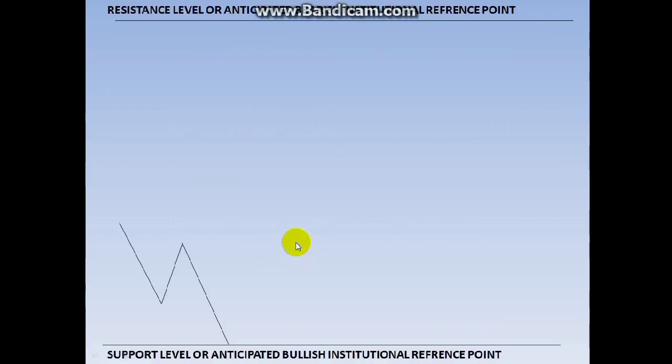All right, now in today's teachings we're going to be making reference to a bullish trend. Okay, we're going to look at both actually. As you can see, we have a support level or anticipated bullish institutional reference point.